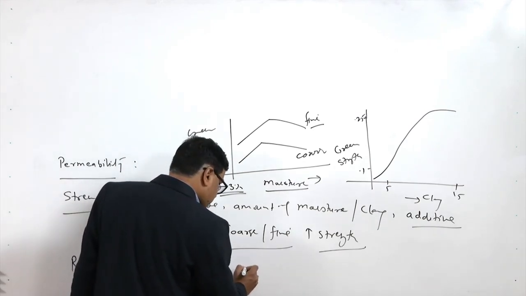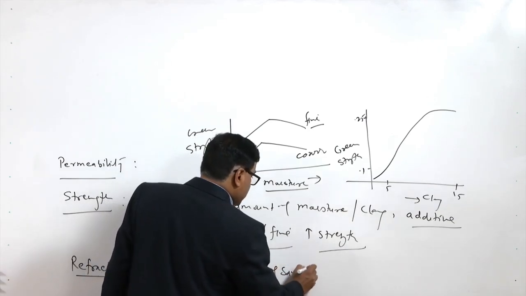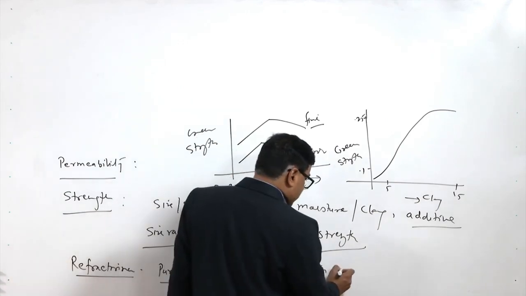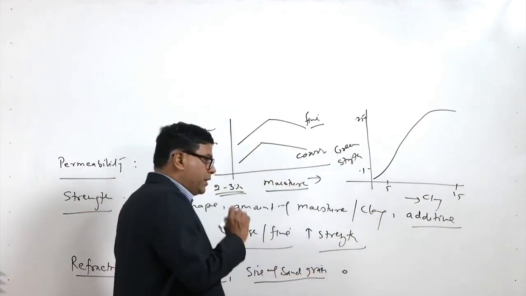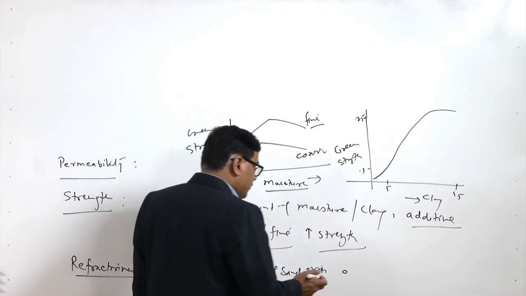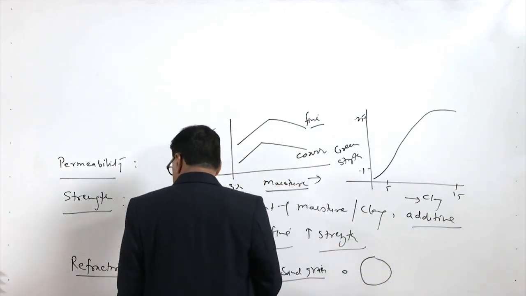Then coming to the size of the sand grains, fine size particles or sand grains result in reduced refractoriness, because they will start getting fused easily as compared to the large size sand particles.